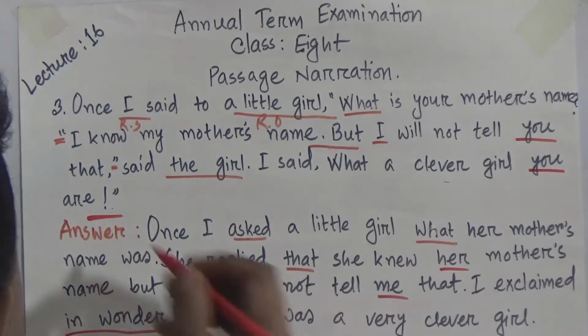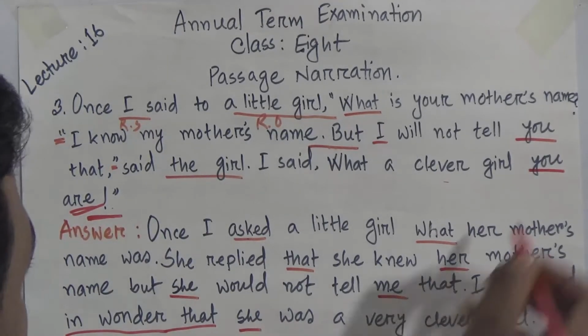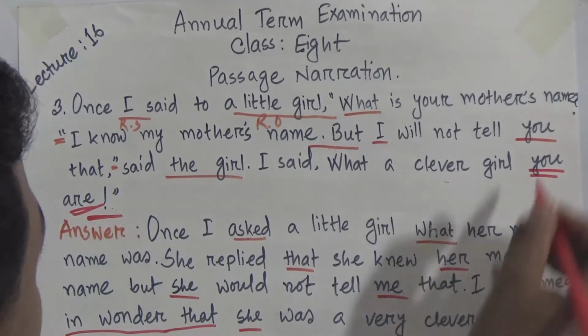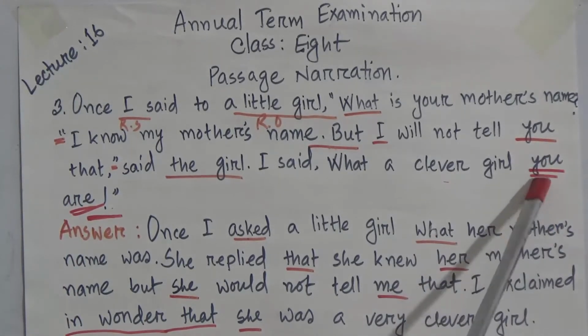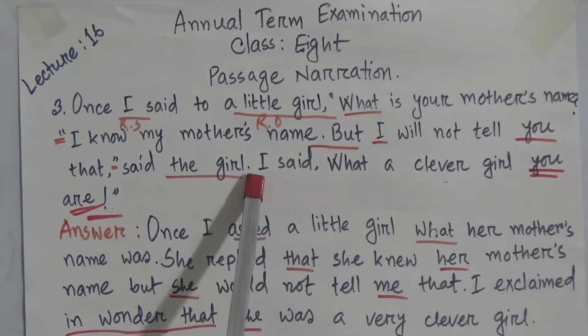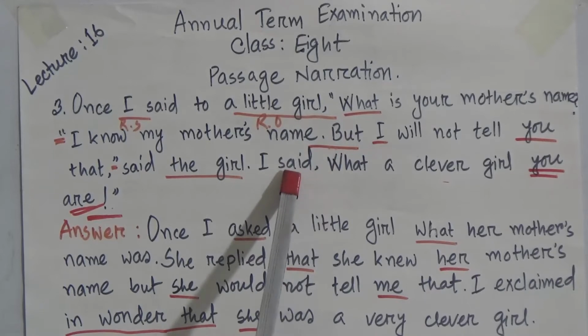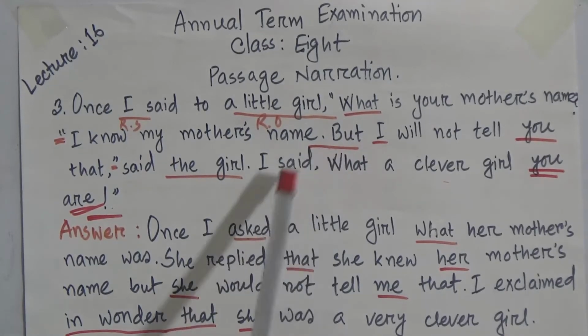So you are would be converted into was, past form. So you would be converted into she, because you is the second form of the subject of person. So it would be changed according to the object. So I said to whom? I said to the girl. So the girl was the object. It was hidden.